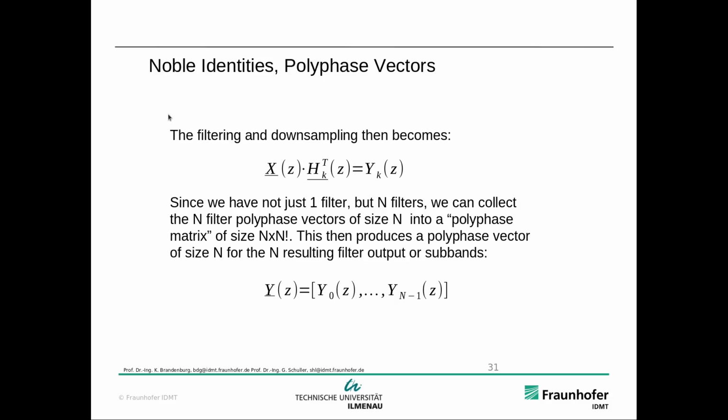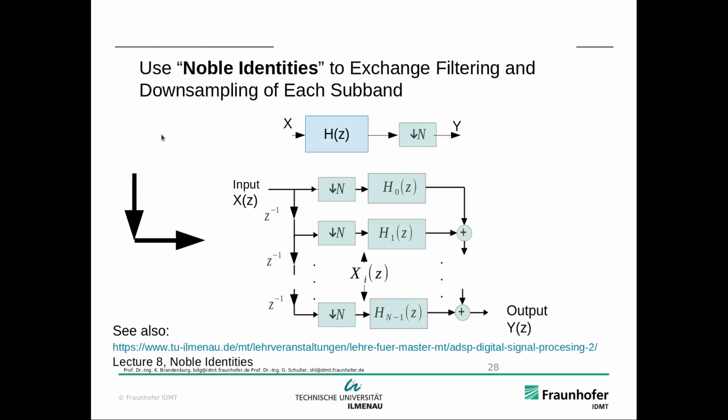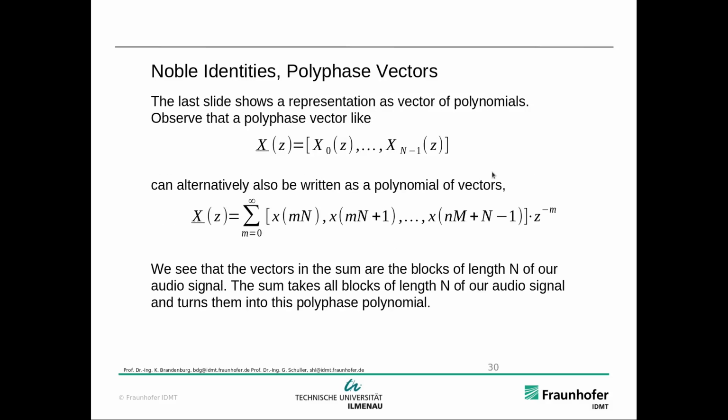Yeah, and now the final multiplication and summation that we have in the polyphase. So here you can see, here we have the x. This is the polyphase vector x. And we multiply it with this polyphase vector of the filter impulse responses and then we add it up. So this operation, putting those two together, can be written as a vector multiplication.